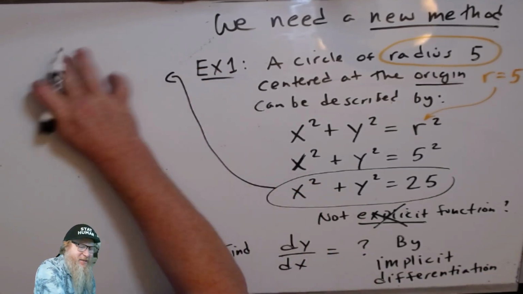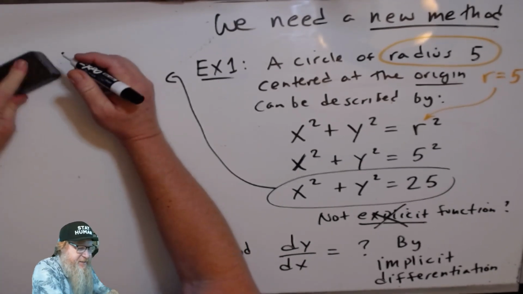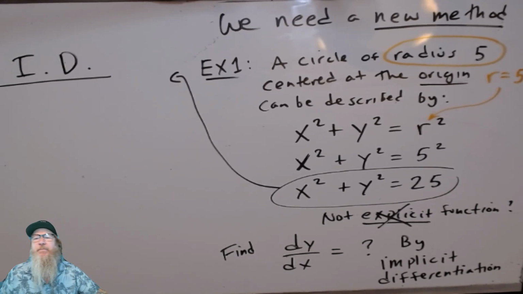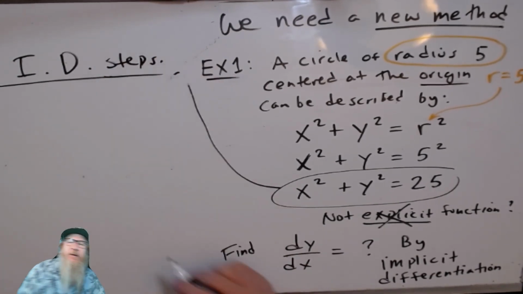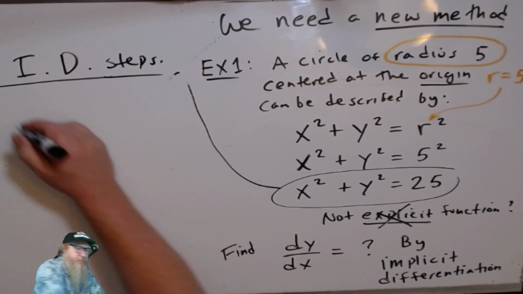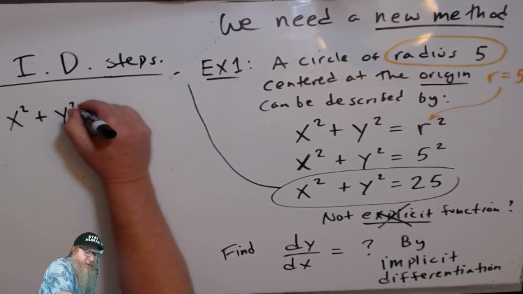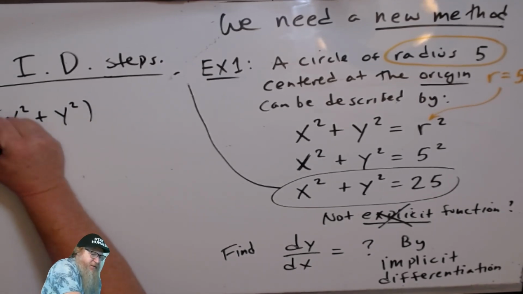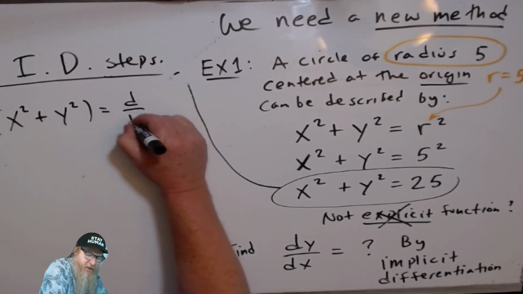So here are the steps for implicit differentiation. Implicit differentiation, we'll call it ID. Implicit differentiation steps. Okay. So step number 1 is to put d dx on both sides of the equation.